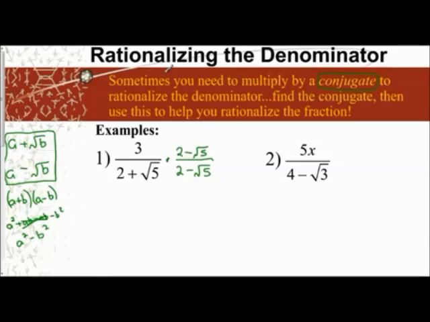Now, when actually doing the multiplying, you need to be careful. Always put parentheses around your binomial expressions, even the ones in the given original problem, because that tells us we have to distribute. So the top with distributing is easy. 3 times 2 is 6, and 3 times negative radical 5 is negative 3 radical 5.